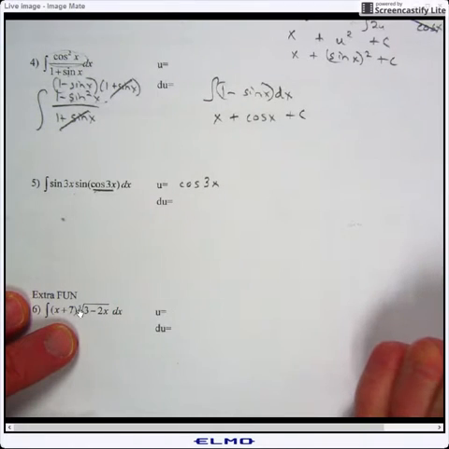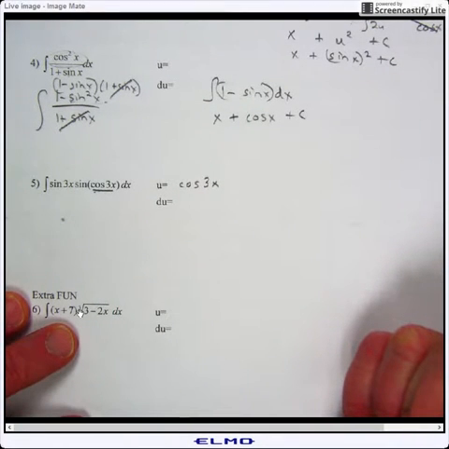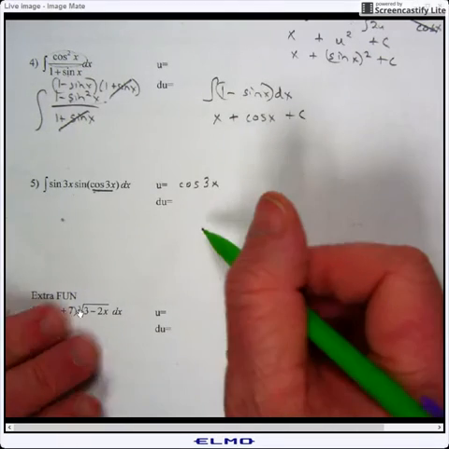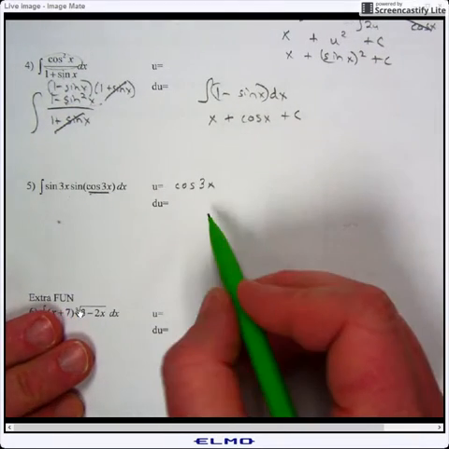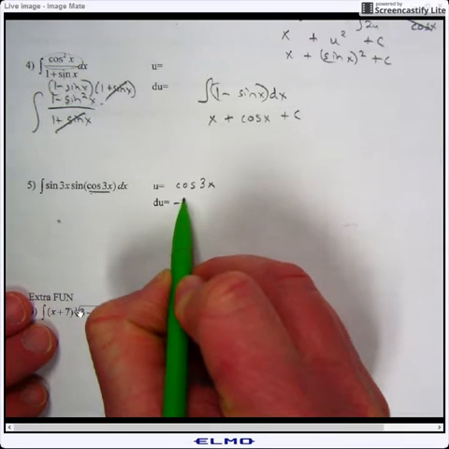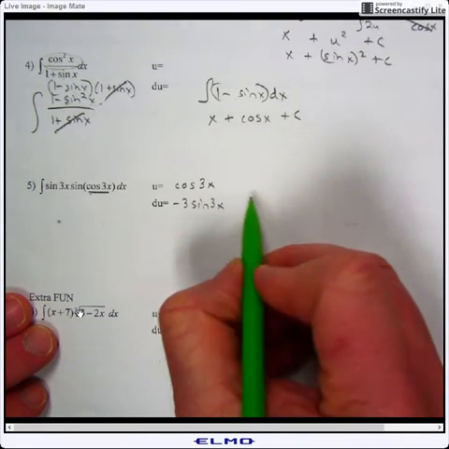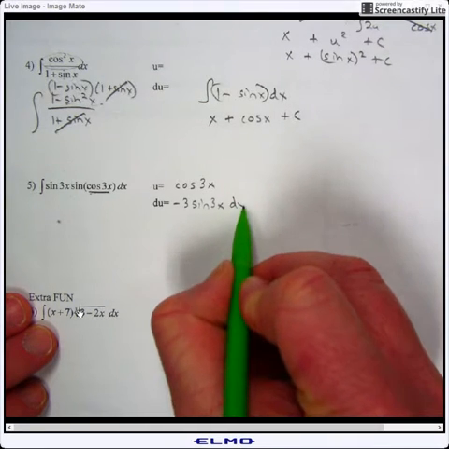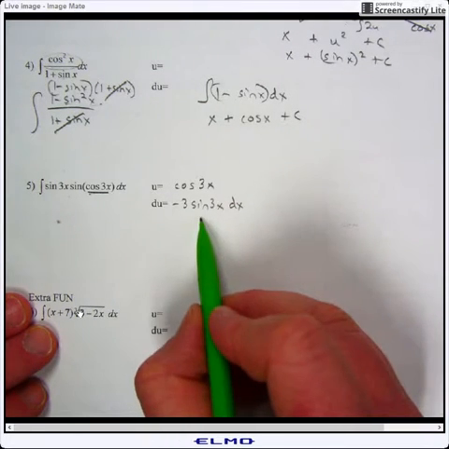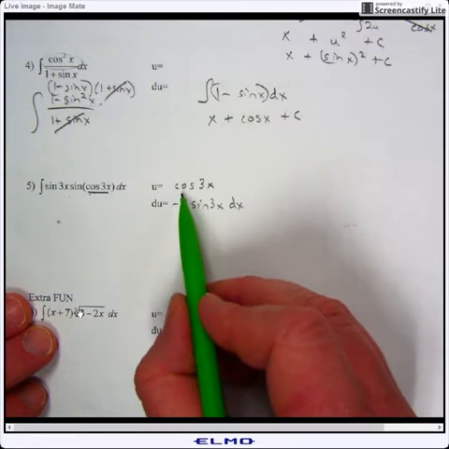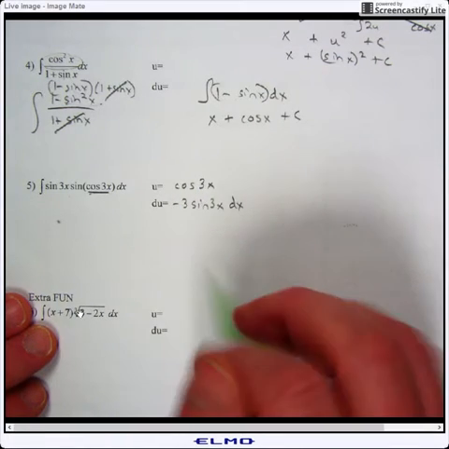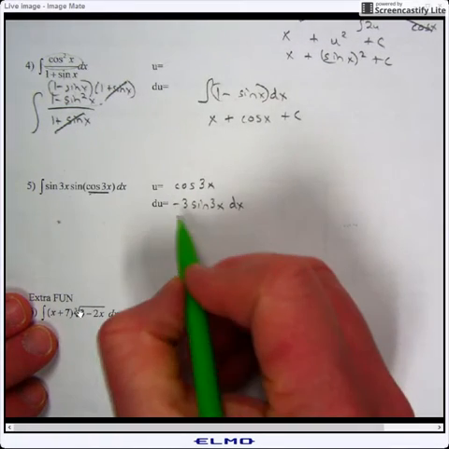So we're going to let the u be the cosine of 3x. Okay? So we take the derivative of u, negative 3 sine 3x, dx. The negative 3 comes from the negative from the cosine and the 3 from inside, d outer and d inner. Okay. Divide by.